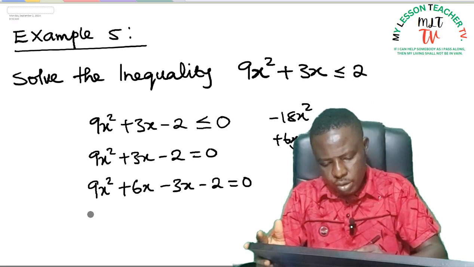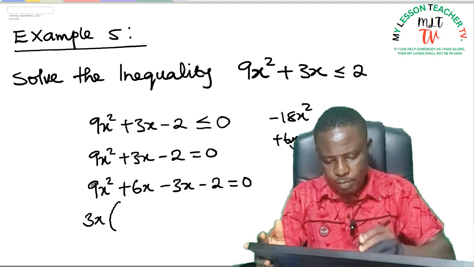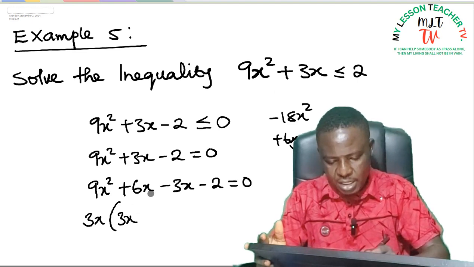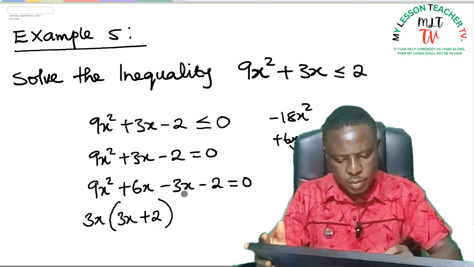So 3x is common. So you have 3x into, when you factorize out 3x from 9x squared, you're left with 3x. You divide plus 6x by plus 3x, you have plus 2, close the bracket. Looking at the next two terms, what is common?